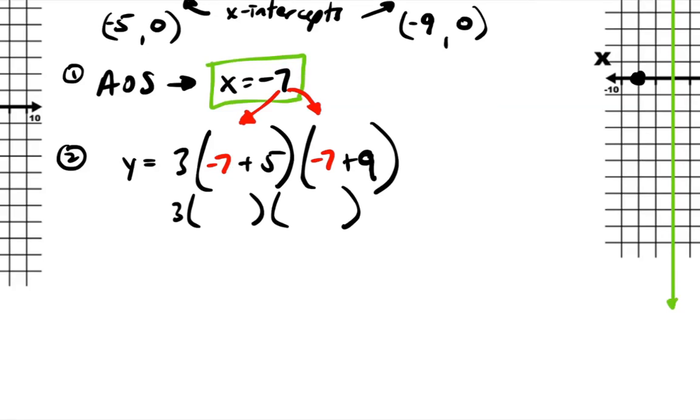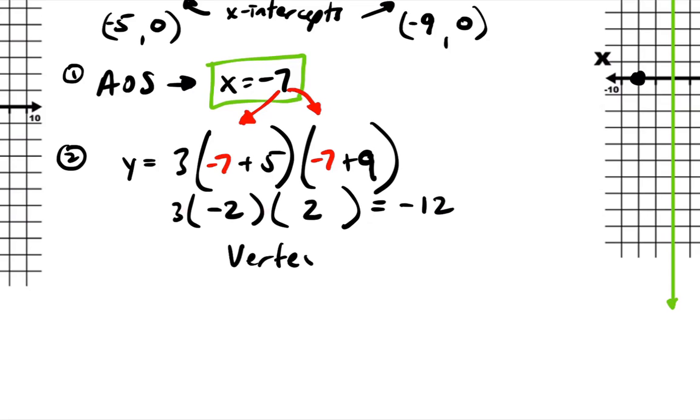So -7 plus 5 is -2. -7 plus 9 is +2. What do you get when you multiply straight across? -12.